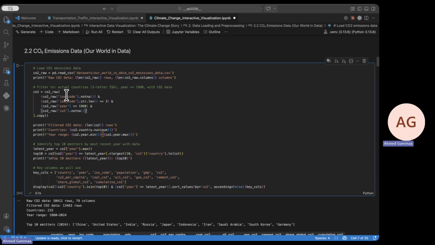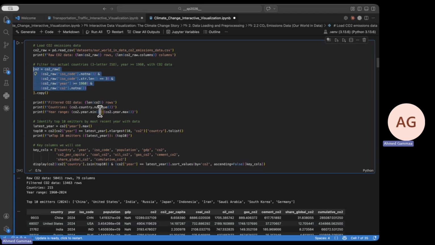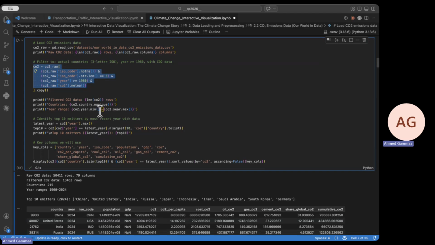So we filter by records that have a true ISO code for the country, and for the year we chose from 1960 onward. And the CO2 emission column should have some data. It shouldn't be empty. And this resulted in 13,400 plus usable records across 215 countries.